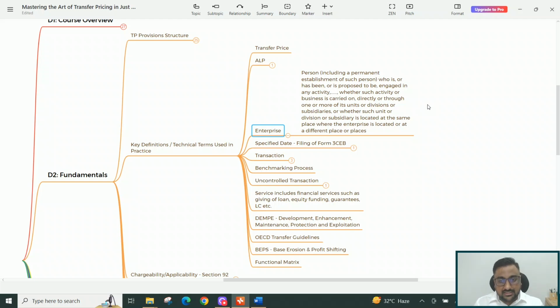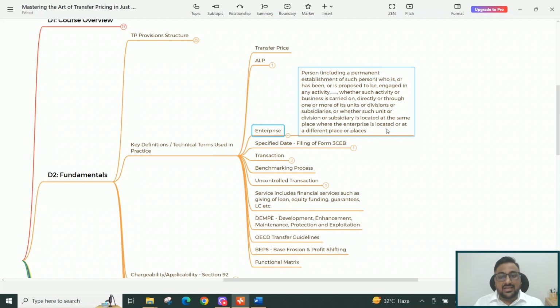It says that enterprise means a person, and it also includes the permanent establishment of such person, who is or has been or is proposed to be engaged in any activity, and there is a list of business activities after that, whether such activity or business is carried on directly or through one or more of its units or divisions or subsidiaries, or whether such unit or division or subsidiary is located at the same place where the enterprise is located or at different places. This is a generic definition.